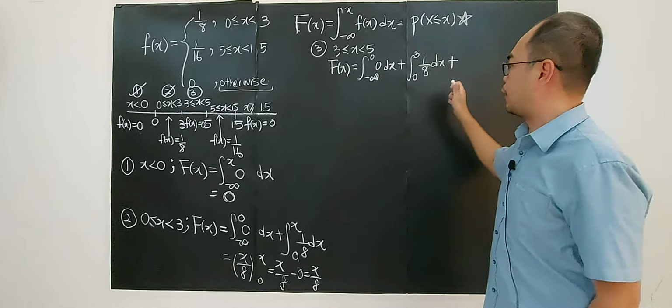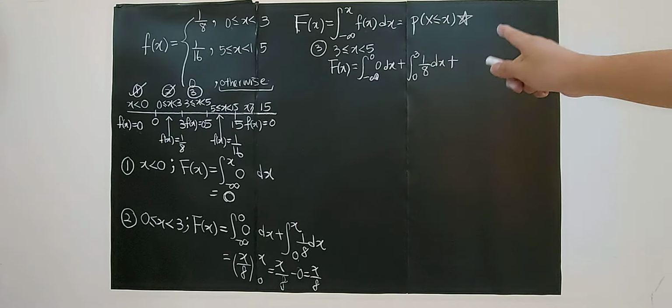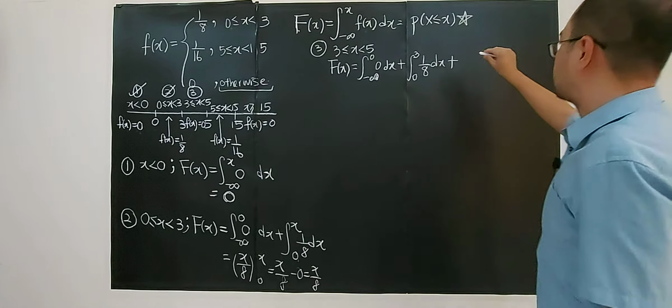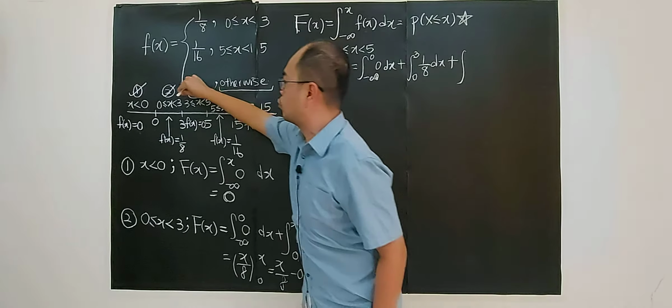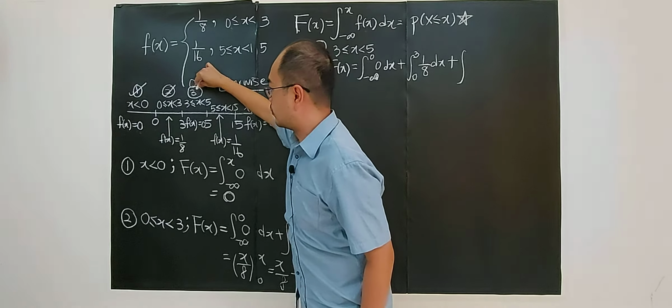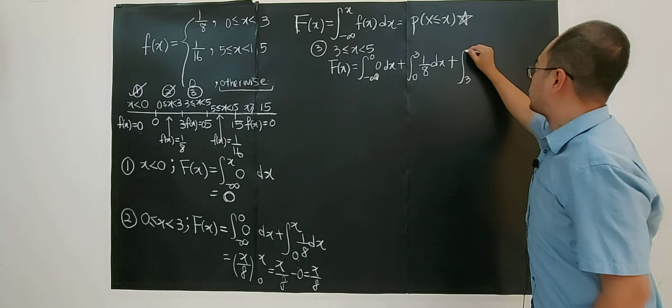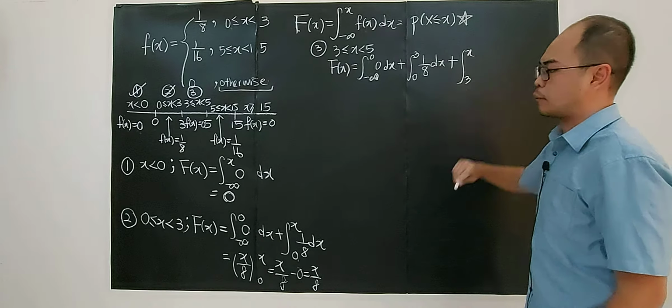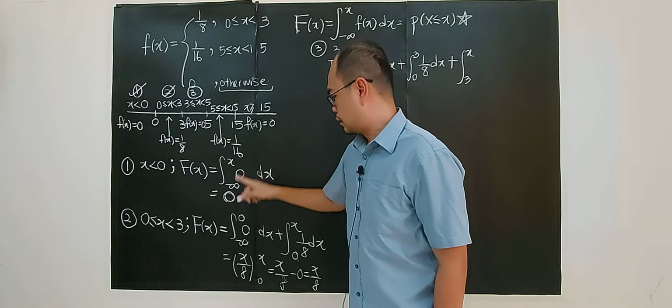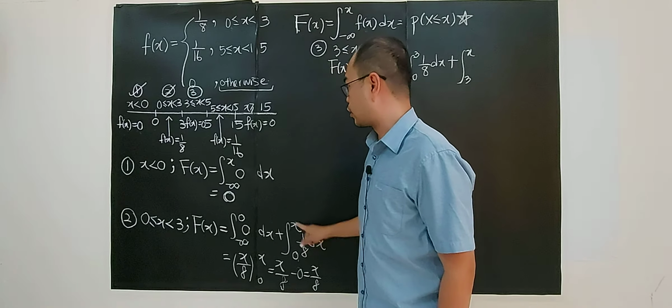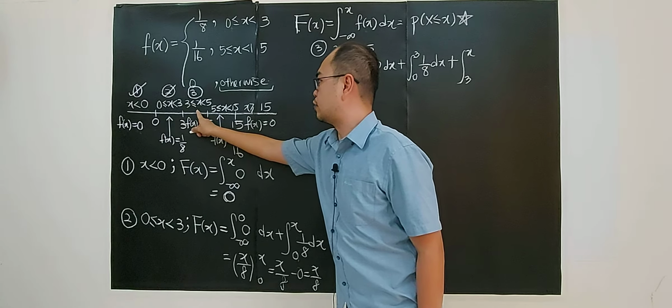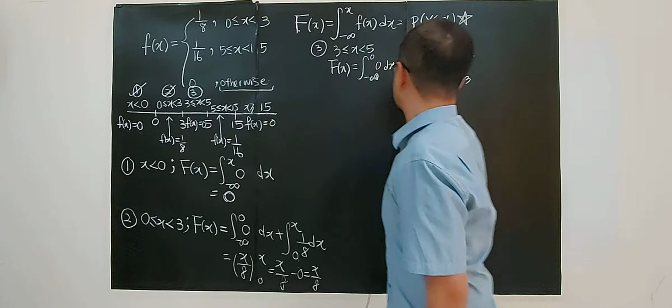Plus, now focus on this part here. Because I am going to the third interval, I have to start with 3 up to x. Can you see? I always stop at x. For the third interval, 3 up to x, so I stop at x.